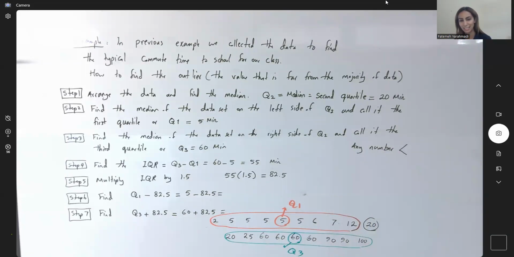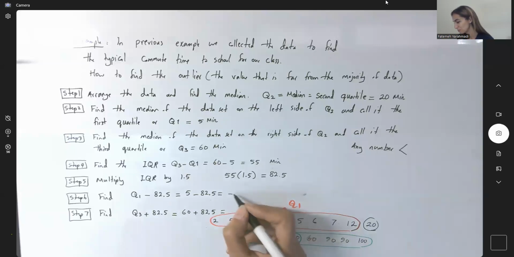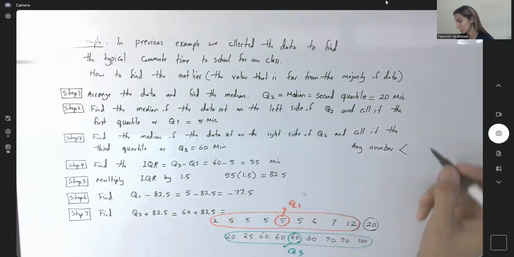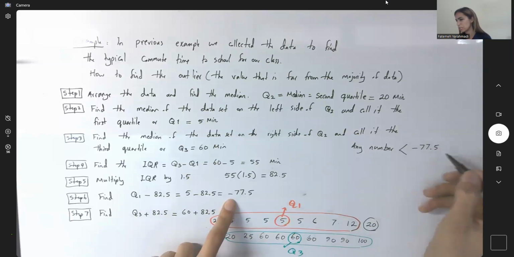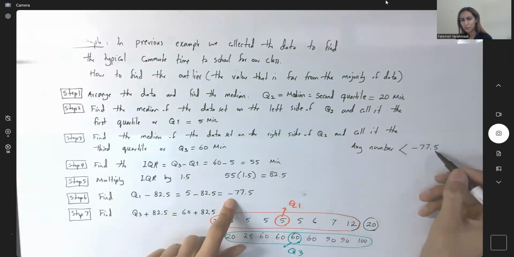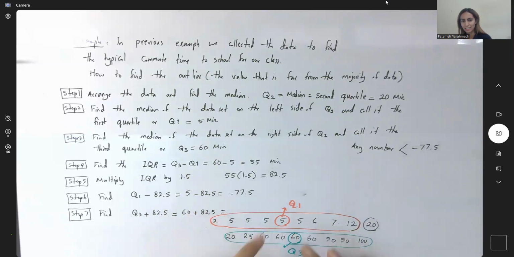Remember that it should be negative. Very good. Negative 77.5. So any number less than negative 77.5 minutes, we don't have negative numbers. We don't have any negative value in our collection. You can already see that.